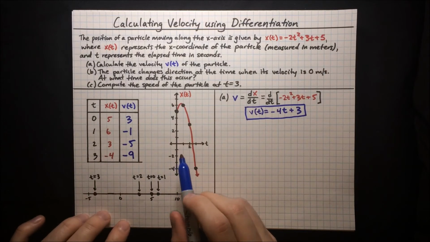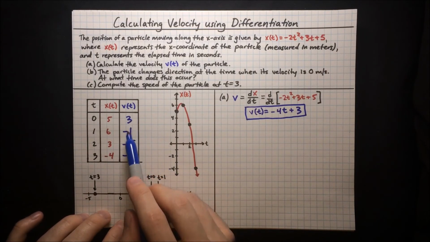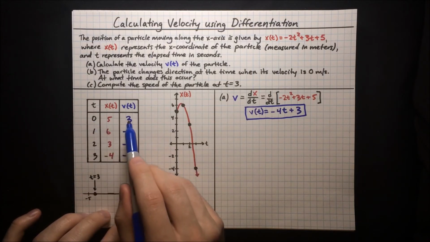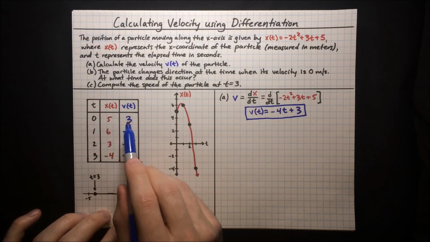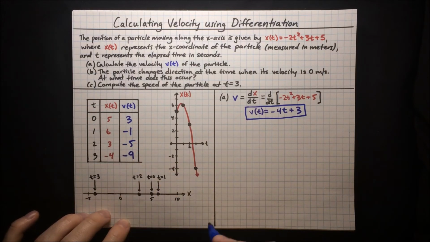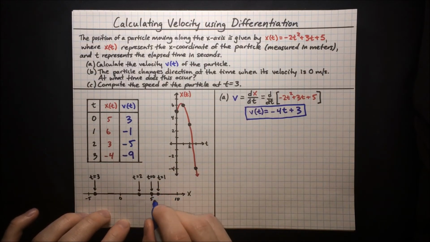Alright, so let's look at these velocities in the context of our problem. So initially, at t equals 0, the particle has positive velocity, and that means it's moving to the positive side of the x-axis. And that makes sense because at t equals 0, the position is 5, and then at t equals 1, the position is 6.